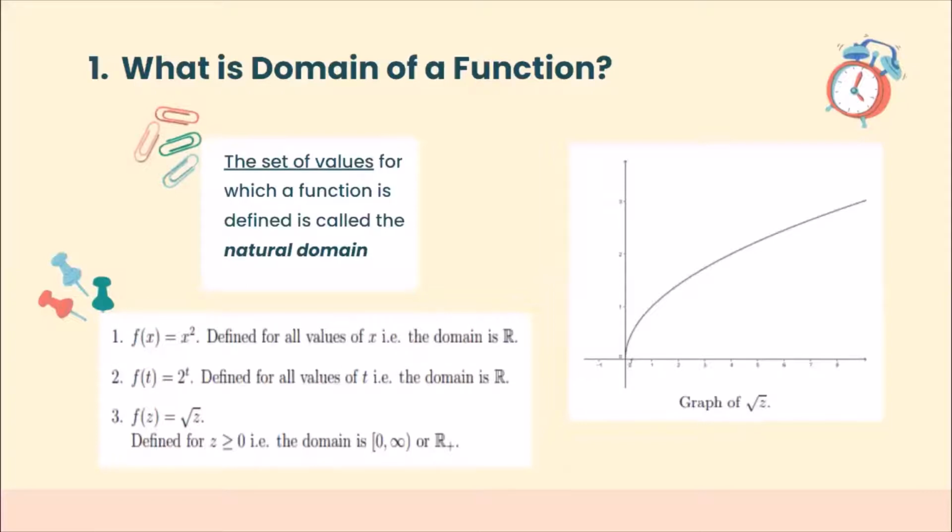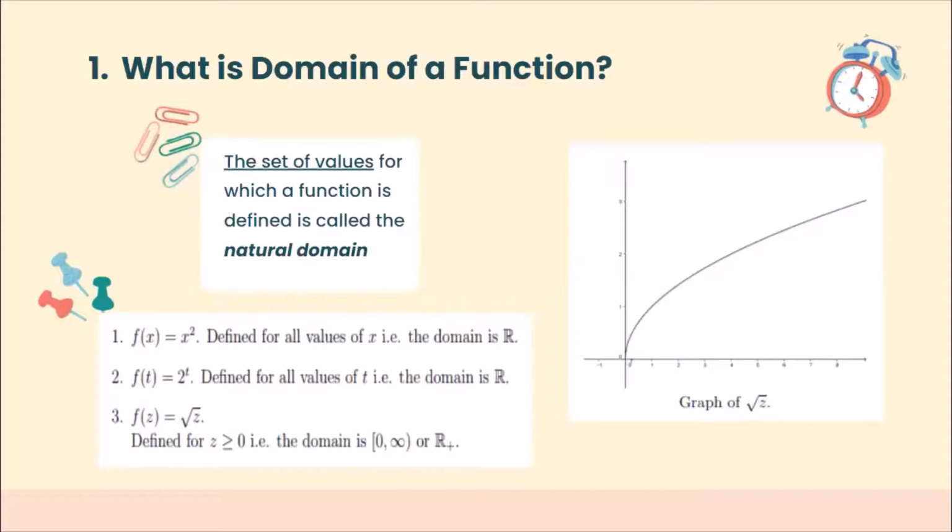f(x) equals x squared. x can be defined as all the domain from the real numbers. A second example is f(t) equals e to the power of t, where t can be defined as the domain from all the real numbers.